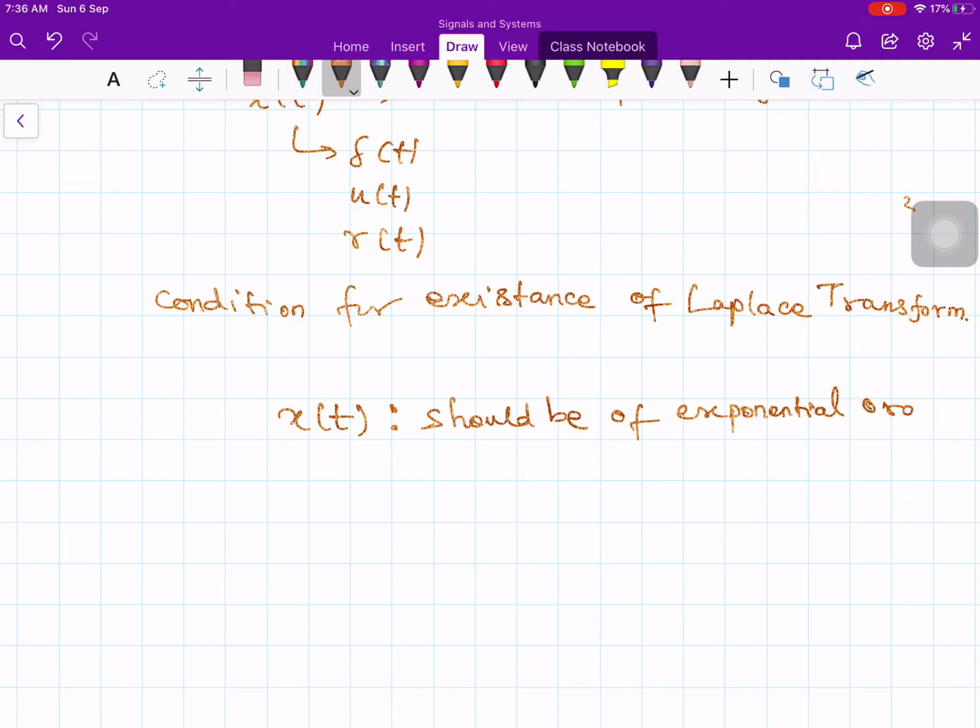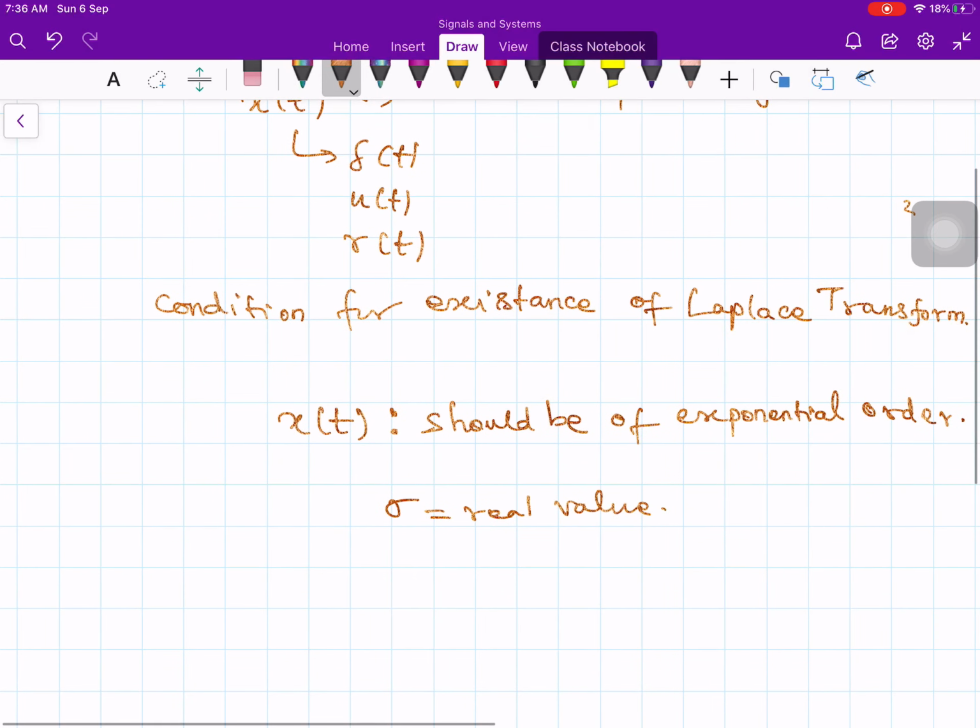In other words, x of t can grow with positive t no more than an exponent of some value. In other words, there exists some sigma, a real value, such that the limit as t goes to infinity of e to the minus sigma t times x of t goes to 0. This is the main thing we need to consider.